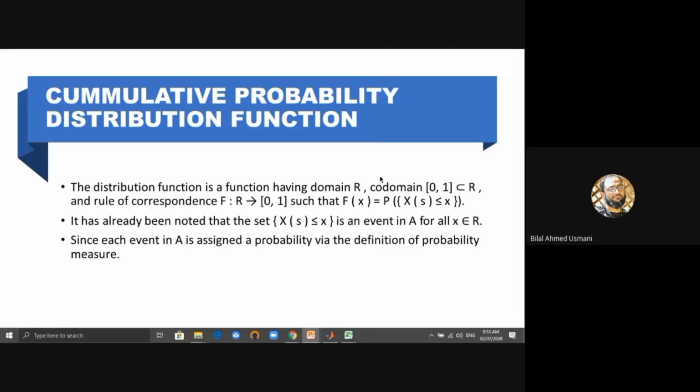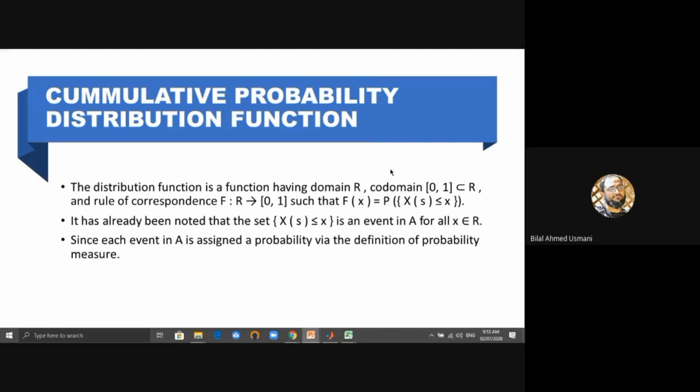But for a normal distribution, you need to find the area under the curve, so you cannot calculate probability at 1 or 2 or 3. You can always calculate probability between 1 and 2, between 1 and 3, between minus infinity and 2, between 2 and plus infinity, and so on. So the domain should be in real numbers. The codomain is between 0 and 1, of course.